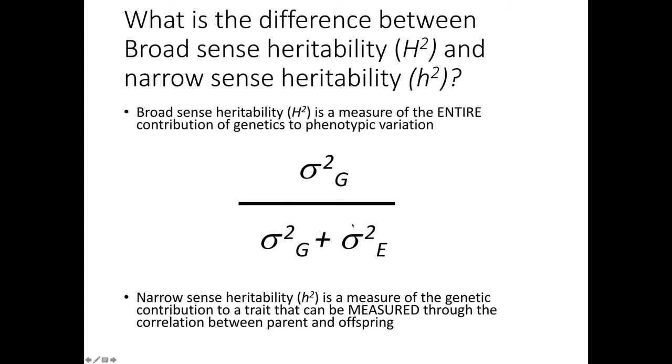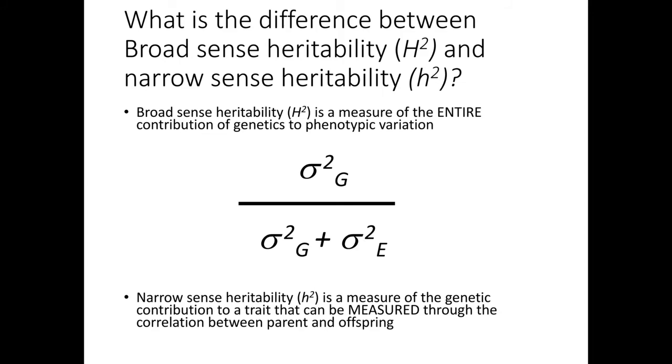It's a theoretical thing that one can measure with twin studies or careful experiments, but those are hard to do. Narrow sense heritability is a different type of measure of heritability. It's a measure of the genetic contribution to a trait that can be measured through the correlation between parent and offspring.